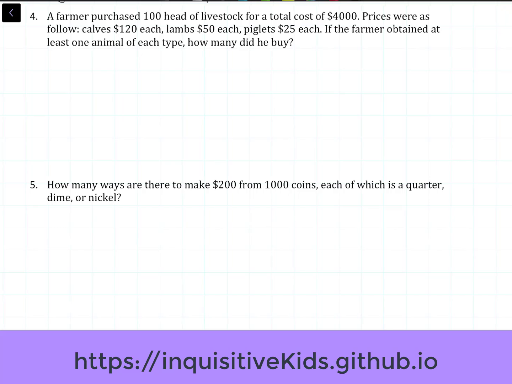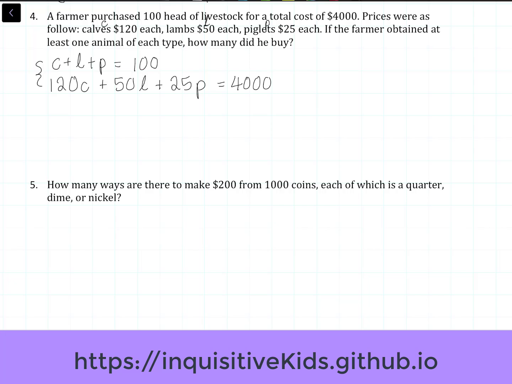Let's set the number of calves as C, the number of lambs as L, and the number of piglets as P. So we know that C plus L plus P gave us a total of 100 animals, and their values were $120 per calf, plus $50 per lamb, plus $25 per piglet, giving us a total of $4,000.